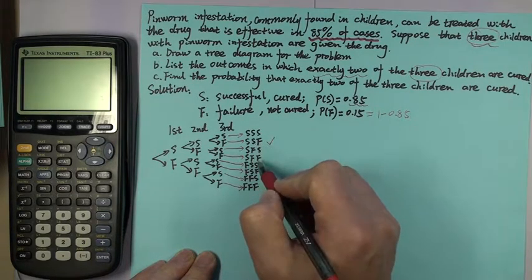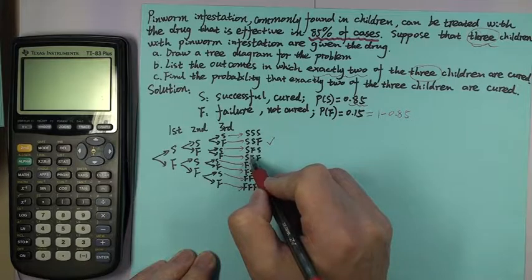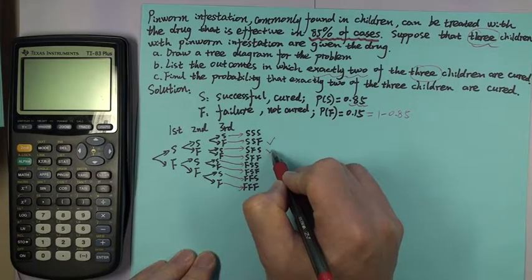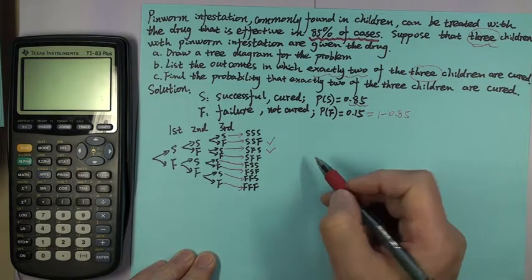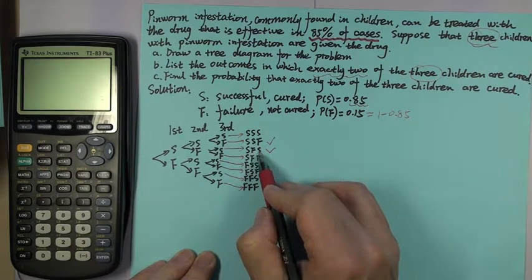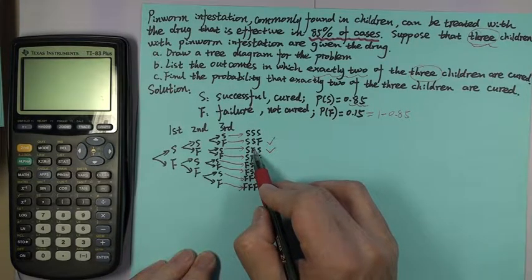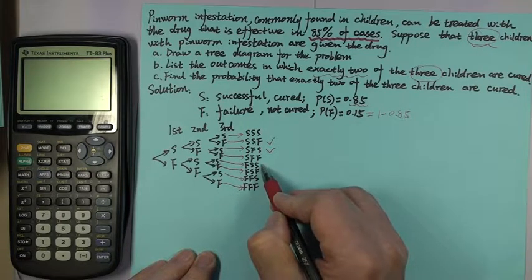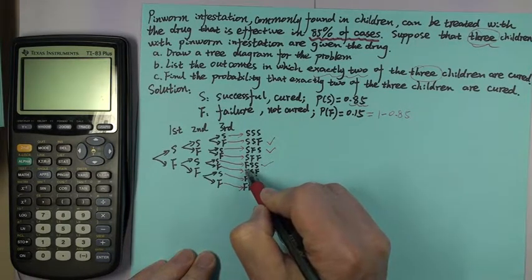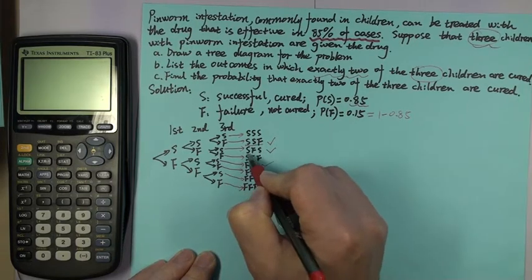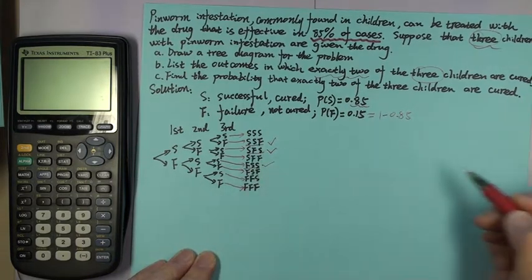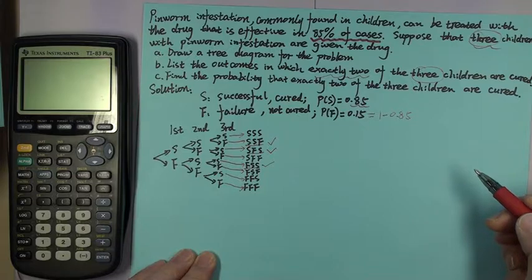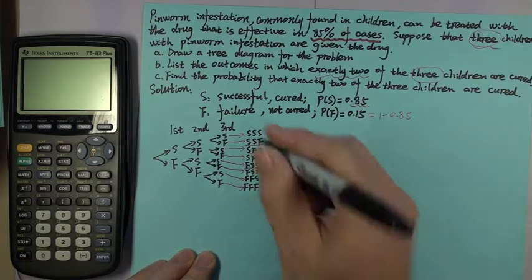And how about SFS, the second case? The first one is cured, the last one is cured, and the middle one, the second one, is not cured. And then this case. So this case, this case, and this case. So this is the answer for A.